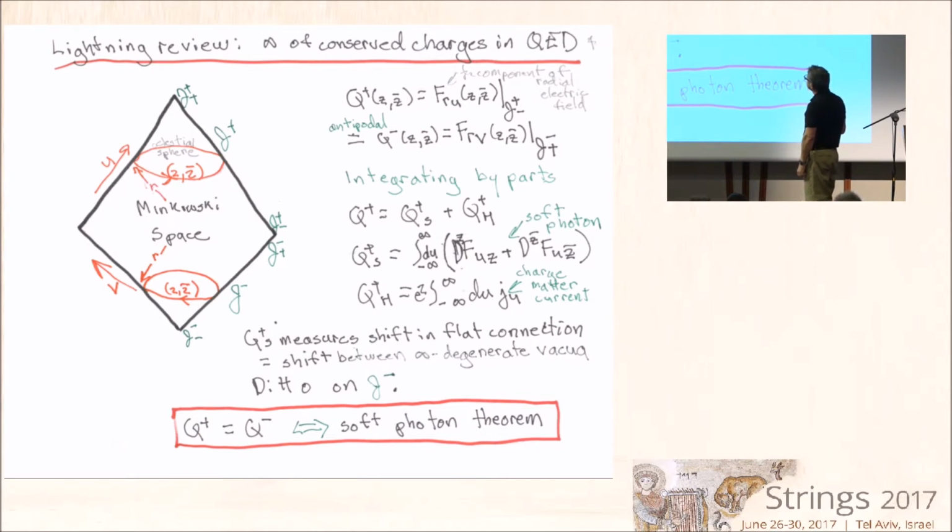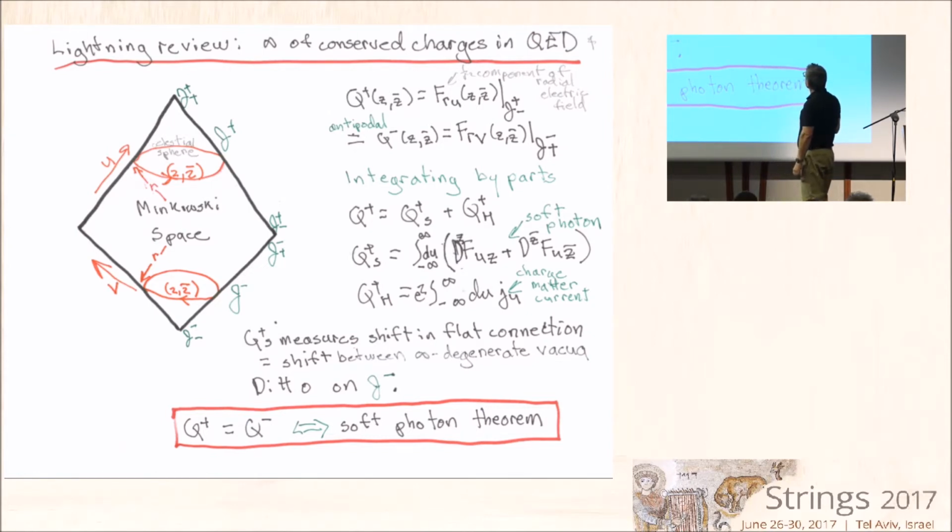Here I've labeled scri plus, the place where light rays go to, and scri minus, where they come from. Also important in this discussion are the boundaries of scri plus and scri minus, which are 2 spheres. Scri plus minus is the past of scri plus, and scri minus plus is the future of scri minus. They're not the same spheres, and their distinction is quite important in this discussion.